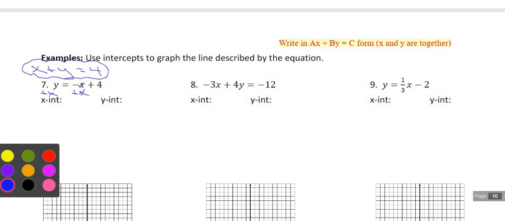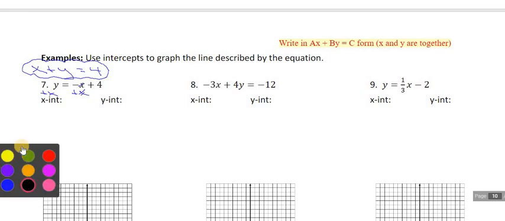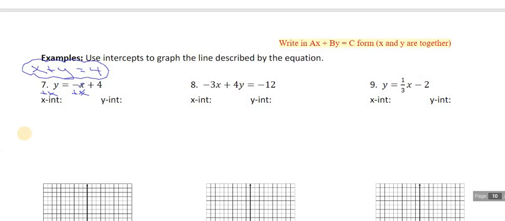Now, if I'm going to find my x-intercept, I'm going to make y go away. Okay, so I'm just going to scribble out the y, but then I'll undo it. Well, if I make y go away, all I have now is x equals 4. So that's my x-intercept, x equals 4.